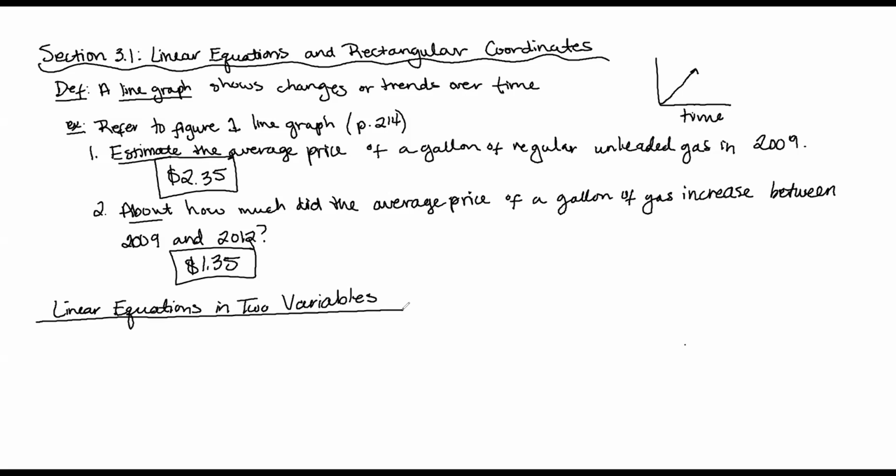All right, so if you remember before, our equation was ax plus b equals c. Well, now we have 2 variables, so it's ax plus by equals c. And again, we're going to say that a, b, and c are real numbers.